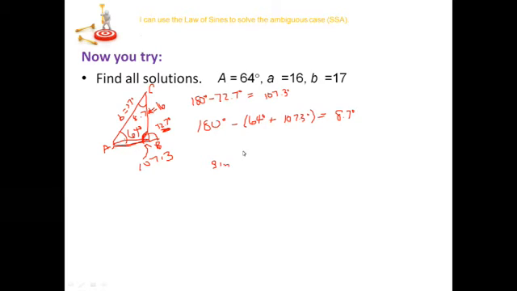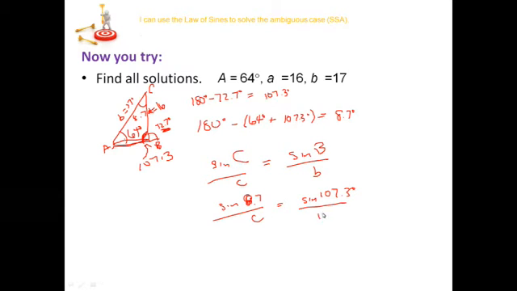So the sine of C over length of C equals the sine of B over the length of B. So the sine of C, oops, C we said was 8.7, sine of 8.7 over C equals the sine of 107.3 degrees over 17.